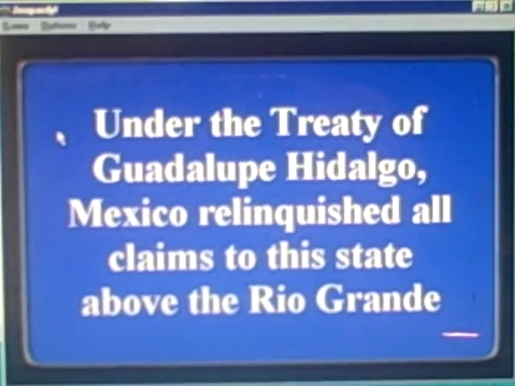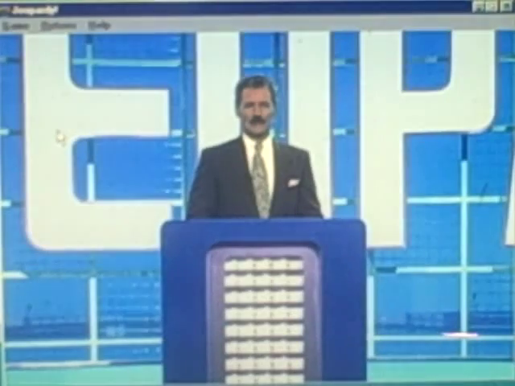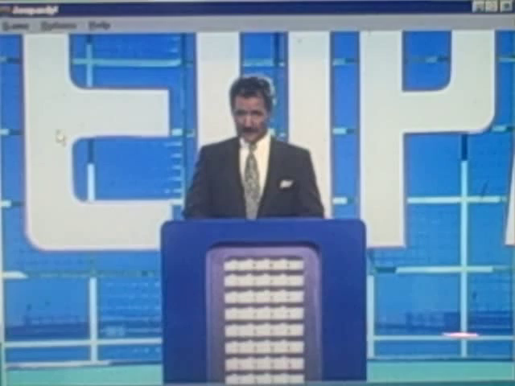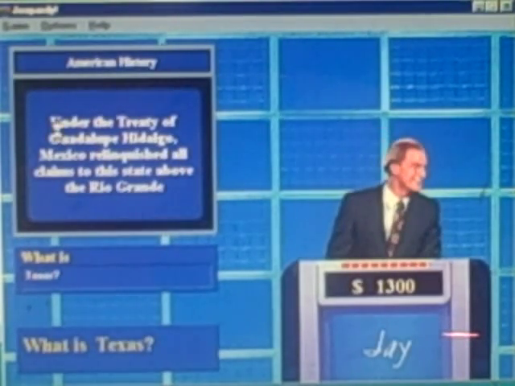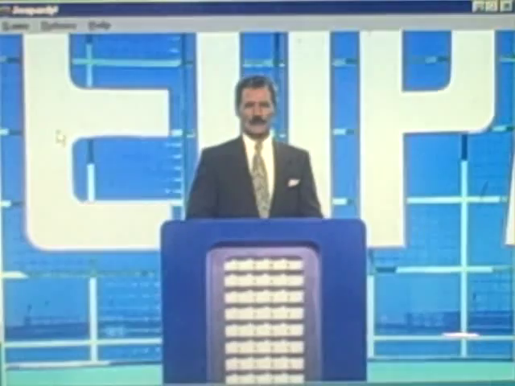American History 100. Under the Treaty of Guadalupe Hidalgo, Mexico relinquished all claims to this state above the Rio Grande. Contestant number 1. I'd better get this one. What is Texas? You are correct. American History 200. Contestant number 1.